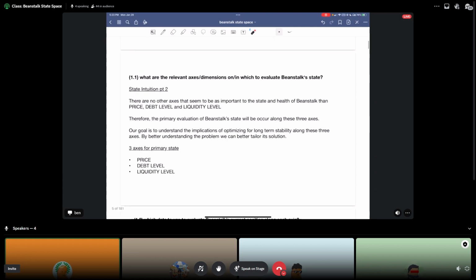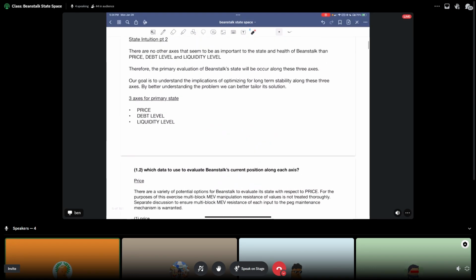So the question becomes, is there anything that's more important? Like that is another primary axis on which to evaluate Beanstalk. And as of now, there doesn't appear to be any from our perspective.